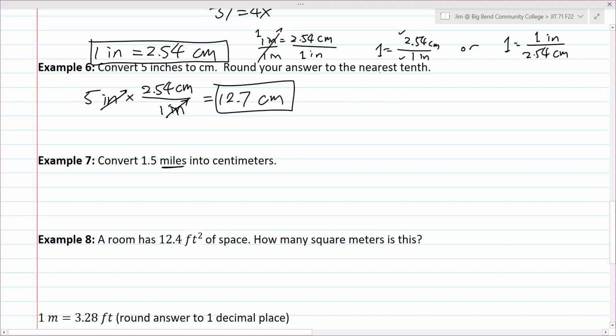And then we want the answer to the nearest tenth, which is like that, because when you have that first decimal place, that is called the tenths place. So that is the right format of the answer.